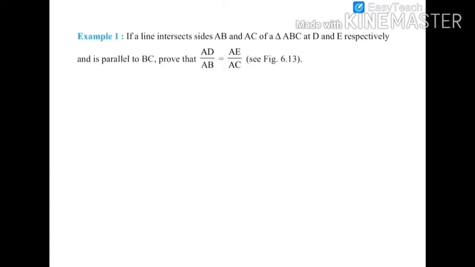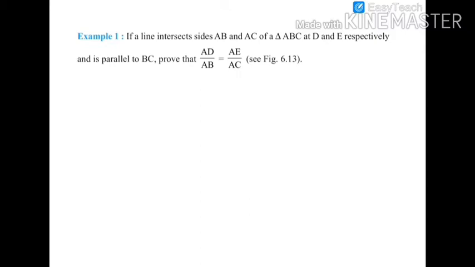This is an example from the textbook, which is also an extended result of the basic proportionality theorem. If a line intersects side AB and AC of triangle ABC at points D and E and is parallel to BC, prove that AD upon AB is equal to AE upon AC.